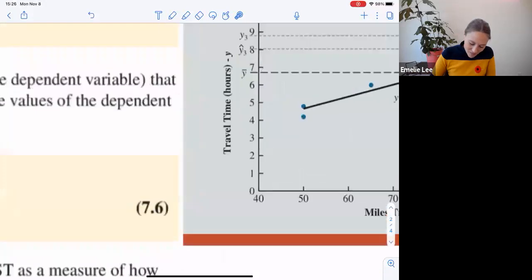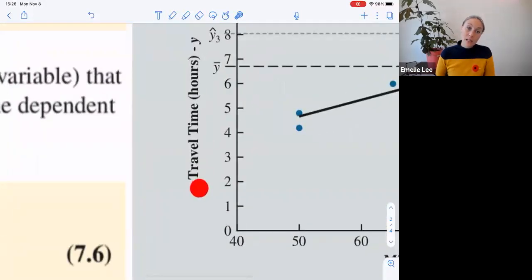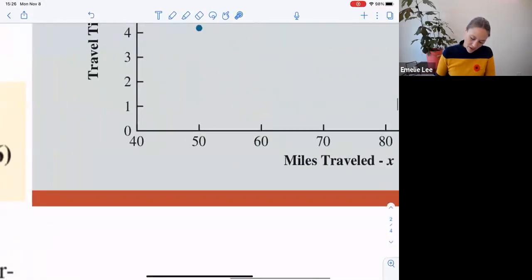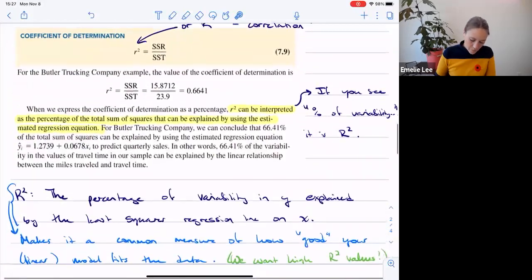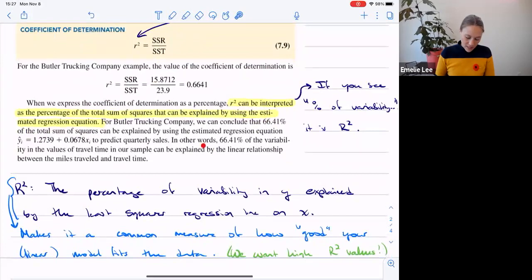Right, so we're looking at predicting the travel time based off of some number of miles traveled, for, I think it's a trucking company, if memory serves. So what we find is that 66.41% of the variability in the values of travel time, that's your Y, in our sample, can be explained by the linear relationship between the miles traveled and the travel time.